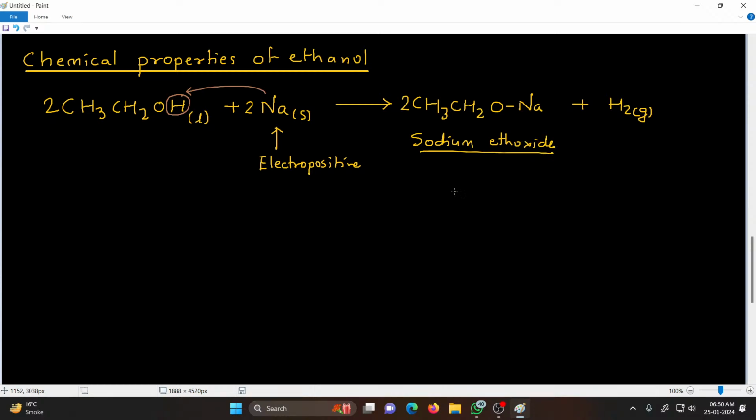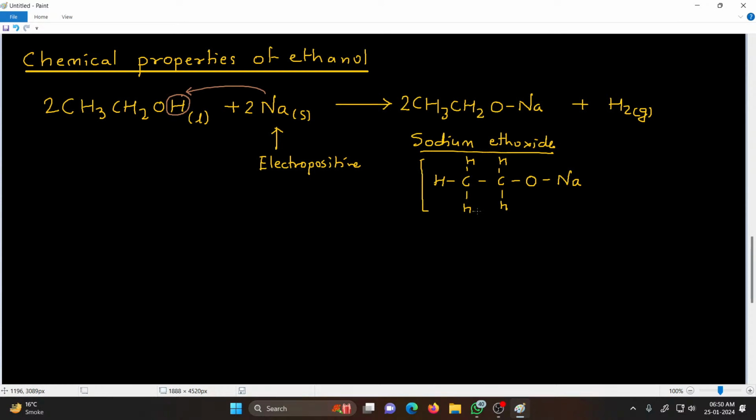You can see the structure here. It is CH3, CH2. That means the first carbon has 3 hydrogens, the second carbon has 2 hydrogens. There is a single bond over here. Oxygen is attached, and the second valency of oxygen is fulfilled by sodium.